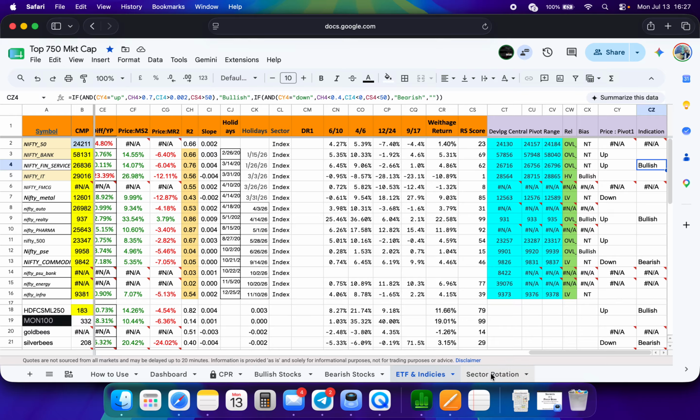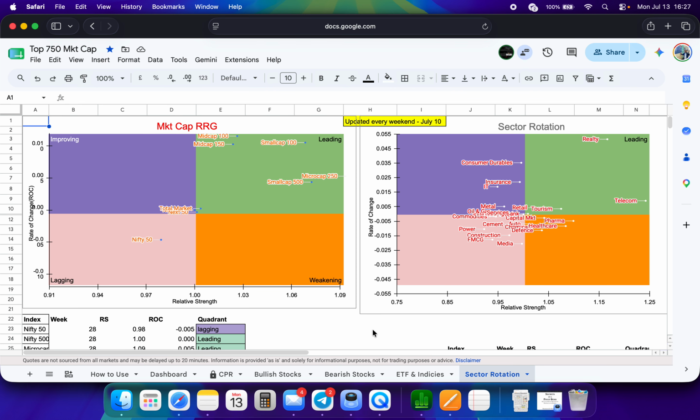Then you have the last tab, which is called sector rotation. The green portion is the leading one. So today you are seeing sector rotation. You can Google it. It is called relative strength on the x-axis and rate of change on the y-axis.